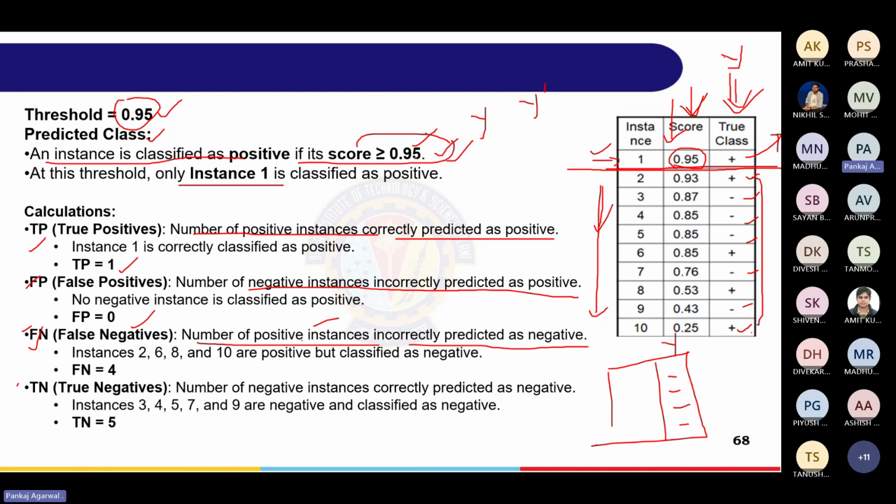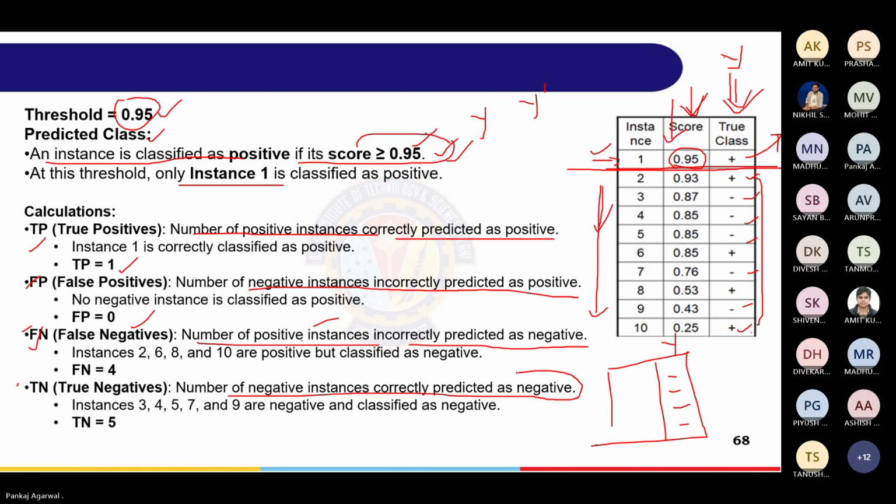Agreed? Did you get this, everyone? Similarly, you can calculate TN also, that is, the number of negative instances which were correctly predicted as negative.